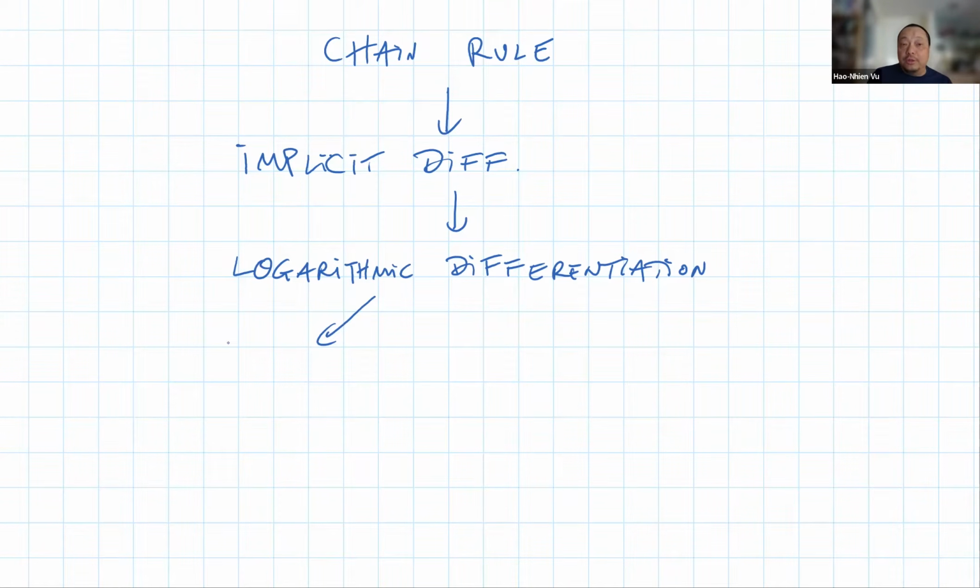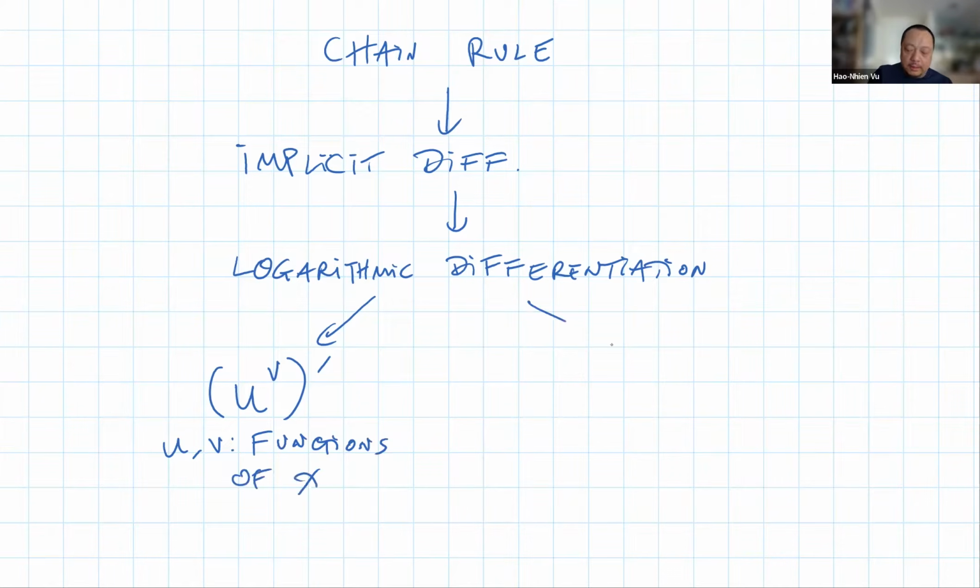There are basically 2 main situations where you will need logarithmic differentiation. One is when you need to differentiate an exponential function where both the base and the exponent are functions of x. And the other application is when your function y is a bunch of multiplications and powers and divisions, and there are so many of them that if you just use the product rule and the quotient rule, it would be too much work.